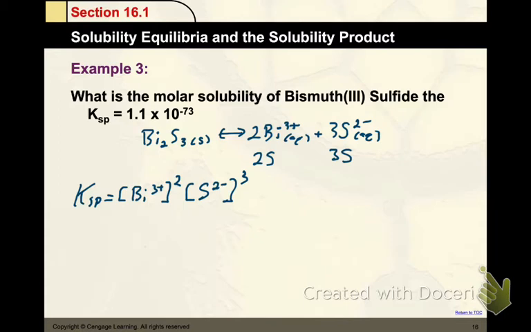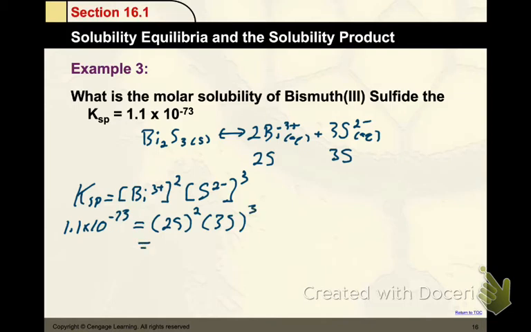Alright, so if we plug in what we got here, we've got 1.1 times 10 to the minus 73 equal to 2s squared times 3s cubed.